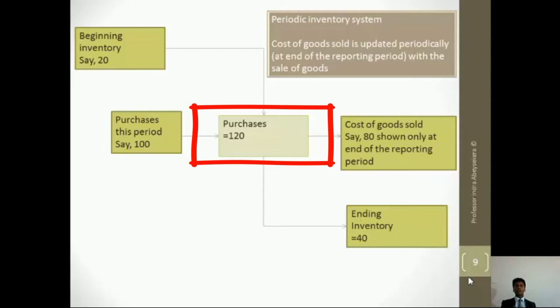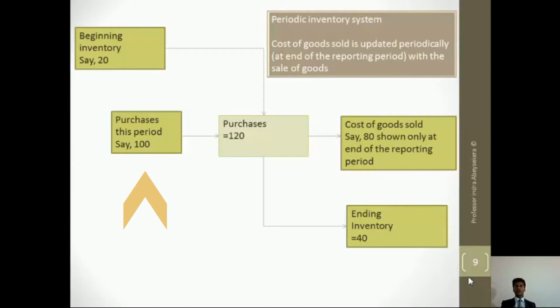So even the inventory at the beginning that is unsold is transferred into this purchases account. So the purchases in the current period is 100 and purchases unsold from the beginning of the period is 20, together is 120.